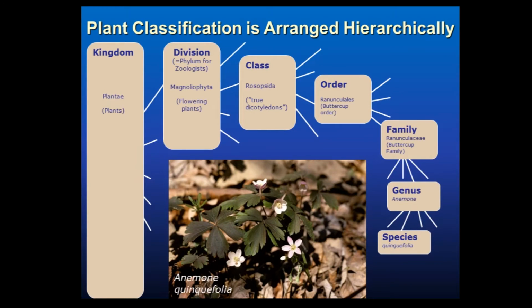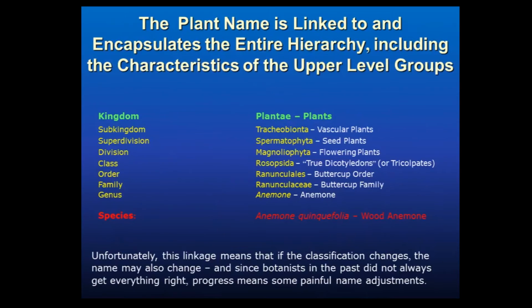And the only names that we really use popularly are genus and species, and of course we classify things into families and key out families. You never see orders in books to any extent. So what this means is the plant name is linked to this hierarchy and encapsulates it, and any particular species will have the features of all of the upper level groups.